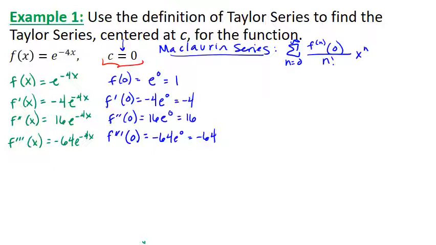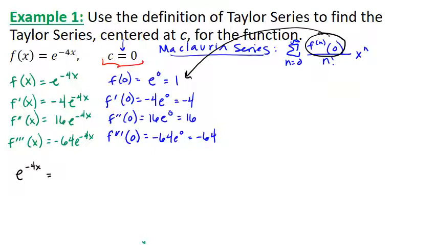Okay, so e to the negative 4x is equal to, now, this first term here, this is f of 0 divided by 0 factorial times x to the 0. Okay, so if you want to put it all in, you can. But we've already done this part. This is all done right here in the blue.